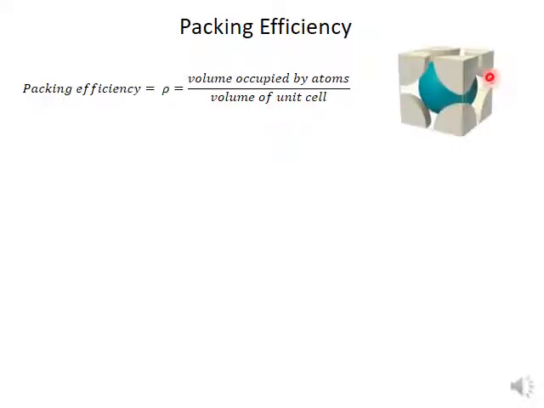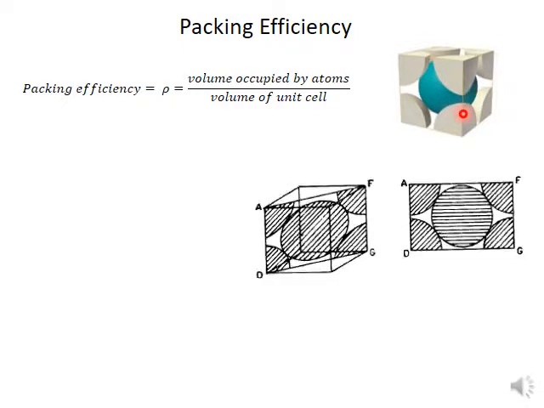So let's take a BCC crystal with a lattice point in the center and the ones at the corners. You can cut a plane diagonally across this BCC. Let's imagine a plane which starts from here and cuts through the middle until it reaches the other edge.